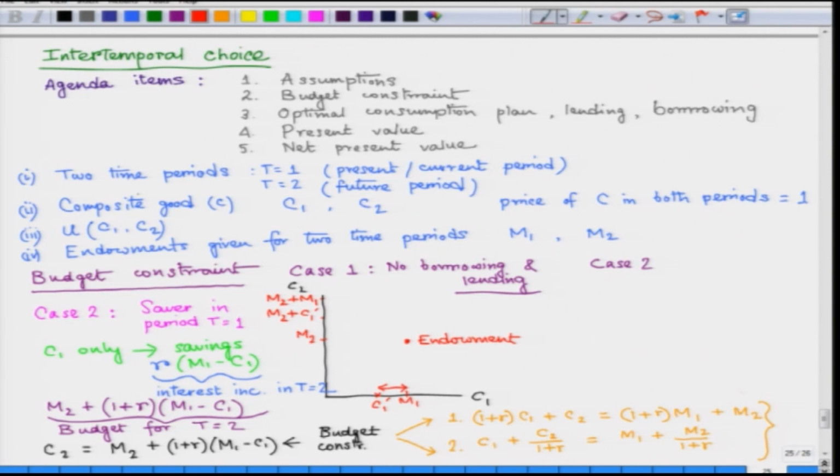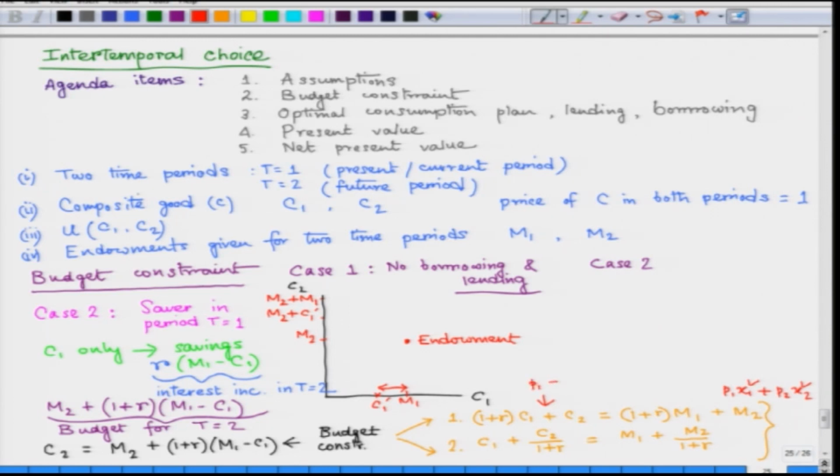We have earlier seen the budget constraint as P1 x1 plus P2 x2. If x1 and x2 are the consumptions in two different time periods, then P1 and P2 will be the prices. So, these two expressions give different prices for present consumption and future period consumption.